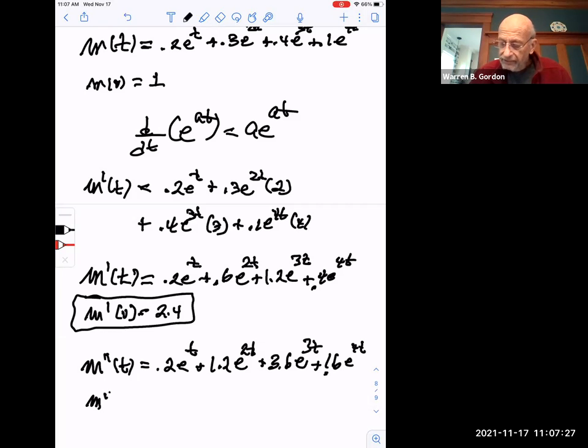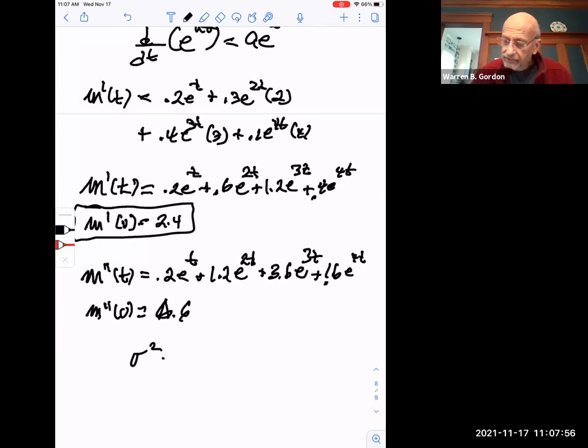And the second derivative at 0 just turns out to be 6.6. So the variance is 6.6 minus 2.4 squared, which turns out to be 0.84.